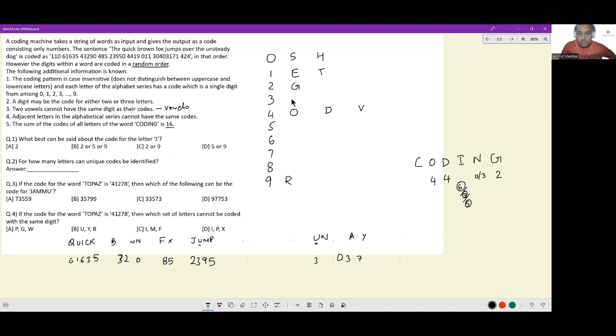So U has to be 3. So I've got U3 and U3. This is also identified, which further enables me to remove 3 as a possibility for I.